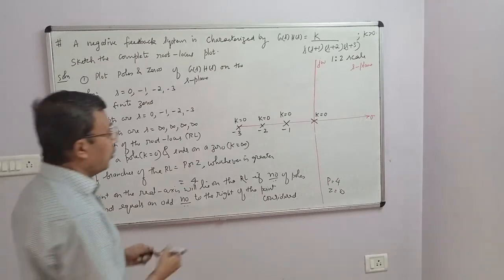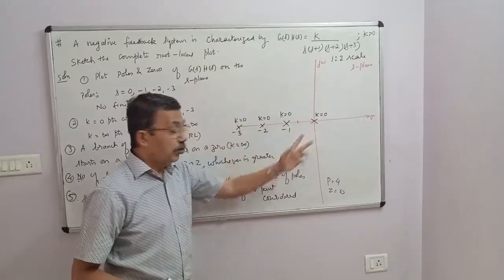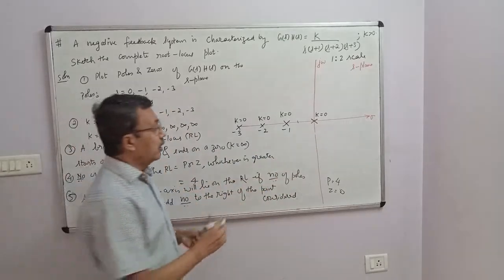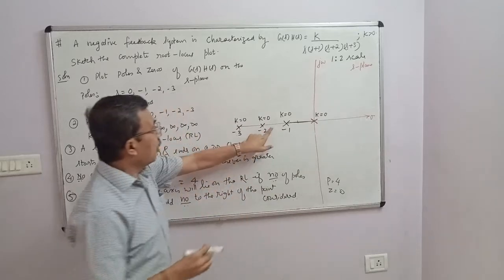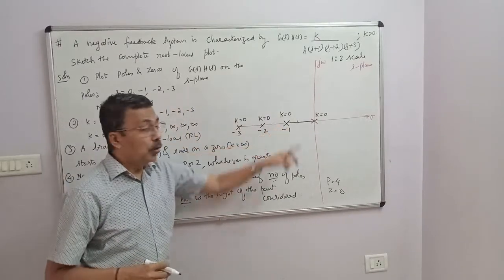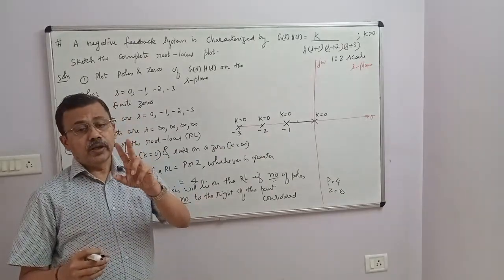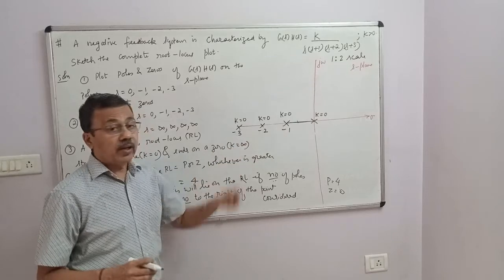So let me consider a point here. To the right of this point you have one pole, no zeros. 1 plus 0 is an odd number, therefore root locus will lie here. You take a point between -1 and -2, to the right of that point you have two poles and no zeros. So 2 is an even number, therefore root locus will not lie between -1 and -2.